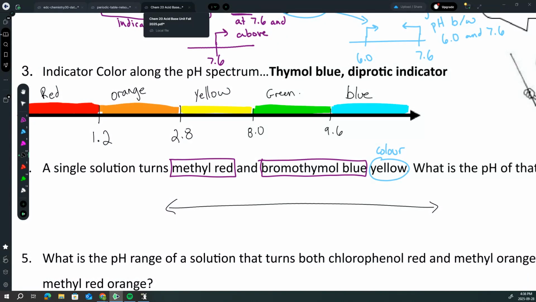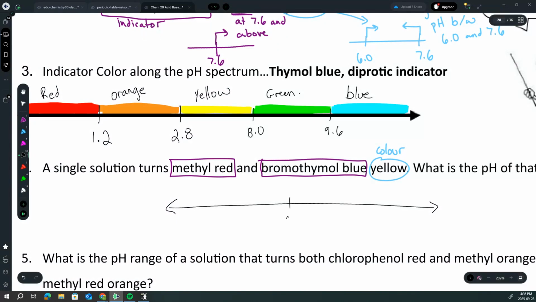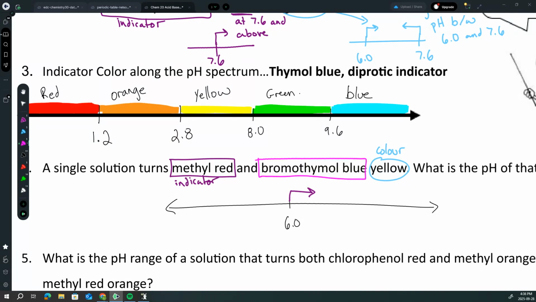So that's why I'm going to write out 6 and above. Maybe I'll write this as one color here just to represent methyl red. Okay, and I'm going to write that this is the indicator. And then I'm going to use pink for bromothymol blue. Again, this is the indicator.